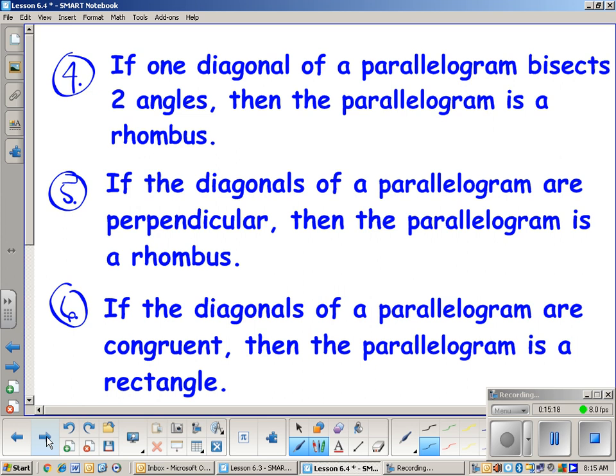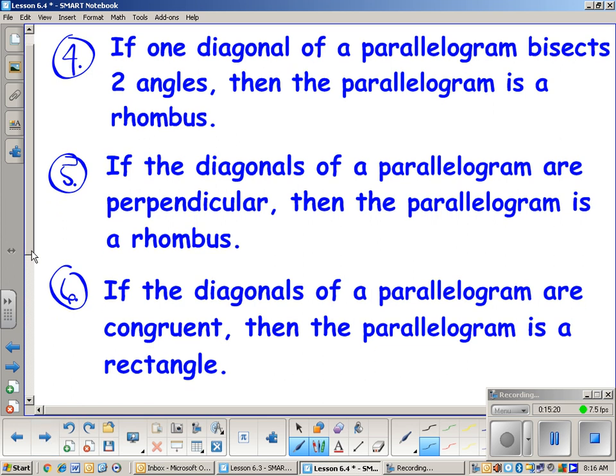All right, I'm gonna pause this, so all three of these are on the screen, let you copy it, and then we'll talk about each one of them. Did these look familiar to you? Yeah? Did they look like the three we just did? What are they compared to the three we just did? What is that C word? They're converses.